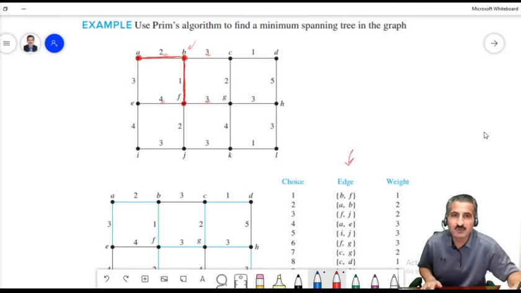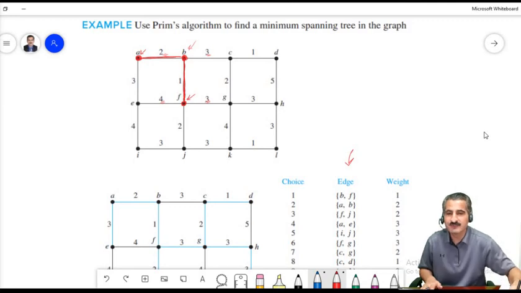Now your eyes are on the vertices B, A, and F, and you look at all edges that you can see from every one of these vertices, and choose the smallest weight. I forgot about this 2 in here. From F, I can see this edge and it has 2.